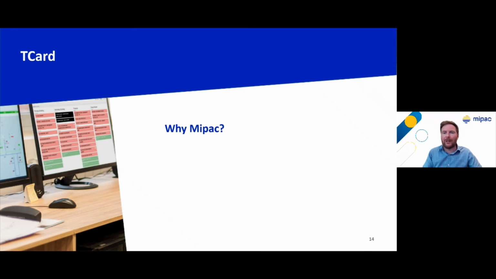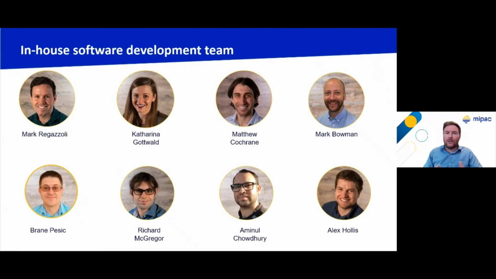But we also embrace complex problems and continuously look for ways to improve safety, performance, and productivity for our clients. And one of the great features of Mipac is we also have our in-house software development team that are dedicated to improving our products in line with the customer needs. So we're agile in our delivery and we don't need to rely on third parties for updates or features. And it also means that our operational support teams work closely with our developers to resolve any issues fast.